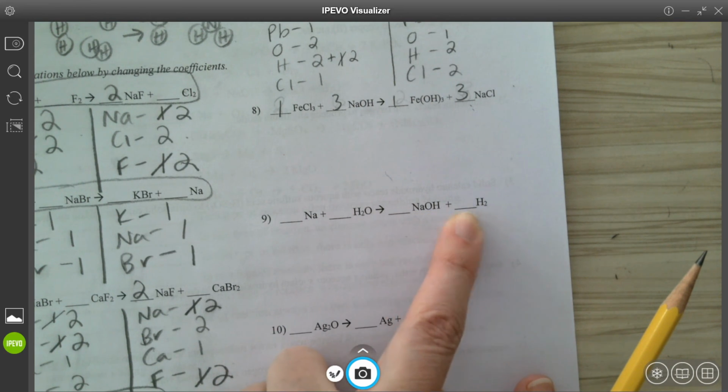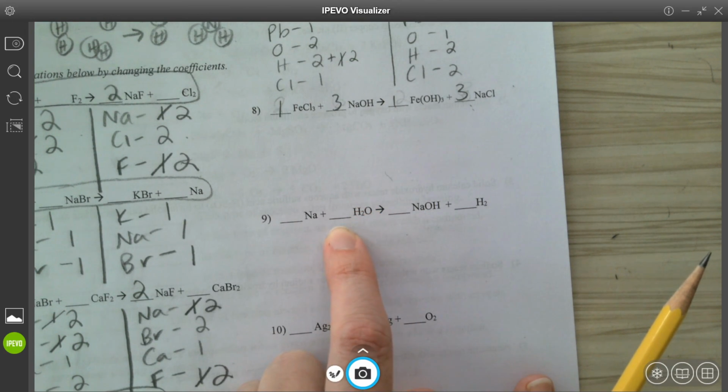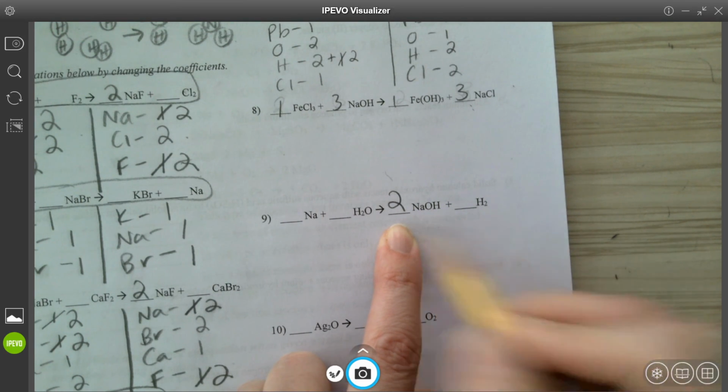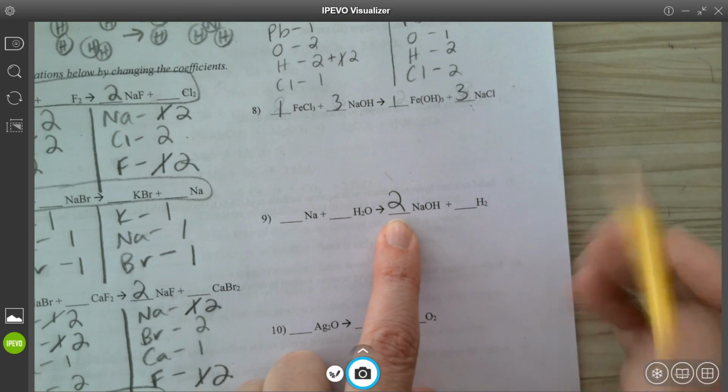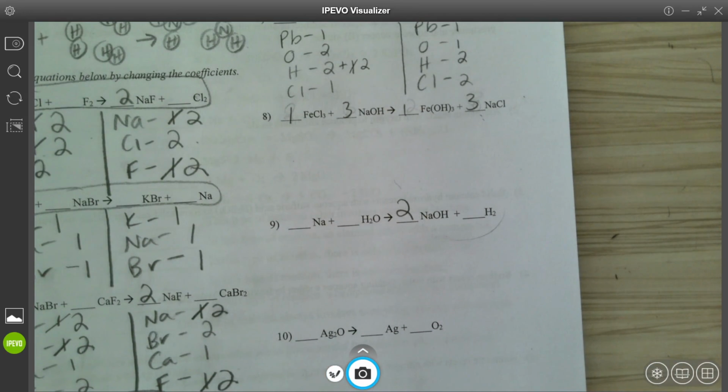Which one's making it odd, the NaOH or the H2? See how that's making an odd number, but you know it has to be even? What should I put in front of here? Put a 2 there, because having a 2 or a multiple of 2 will make sure that you have an even number of hydrogens. So that'll start you off on the right path. All right, so finish this tonight if you didn't, and we'll go over it tomorrow in class.